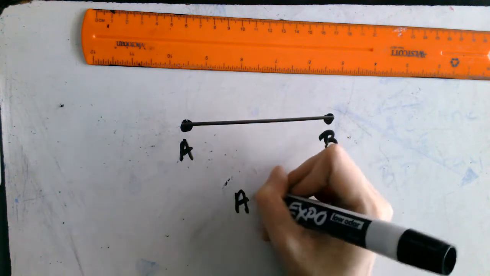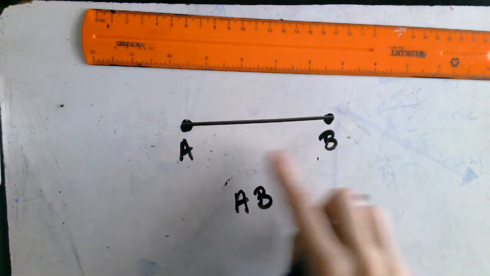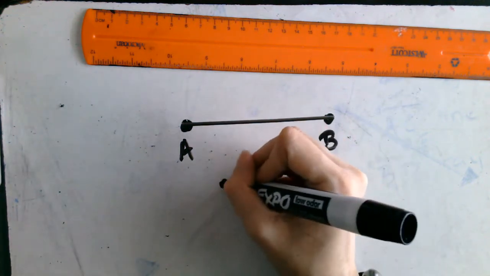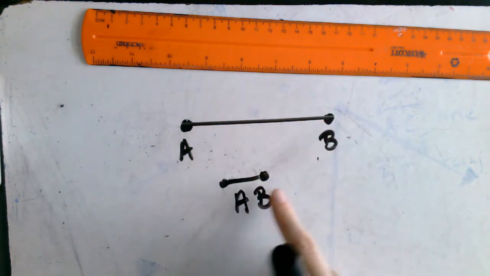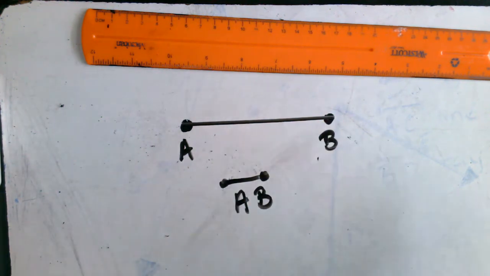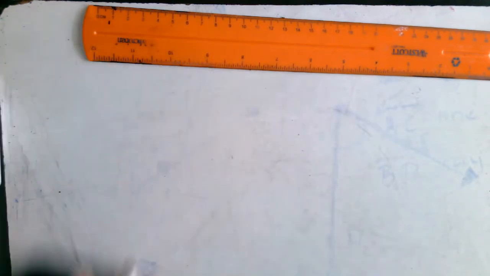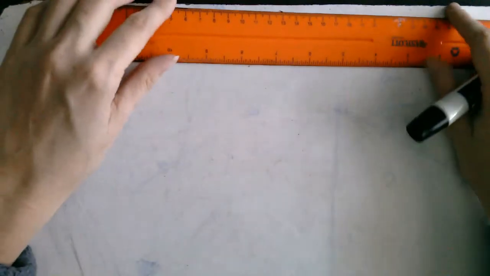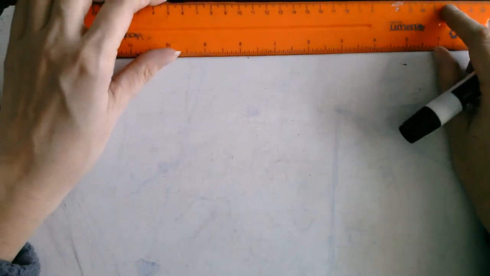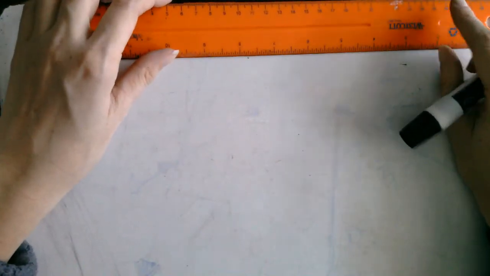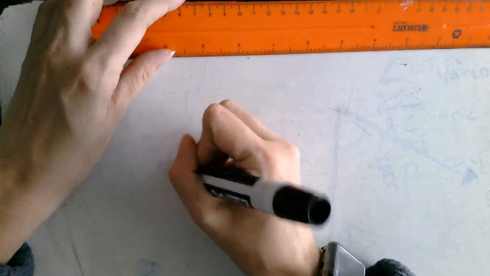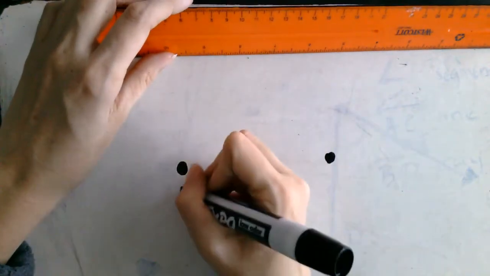To write the symbol for a line segment, you put the 2 letters we're using and you draw a tiny line segment above it. While I draw these, pause the screen so that you have a chance to write the symbols down and hold them up on your whiteboards. Let's start with our first one.